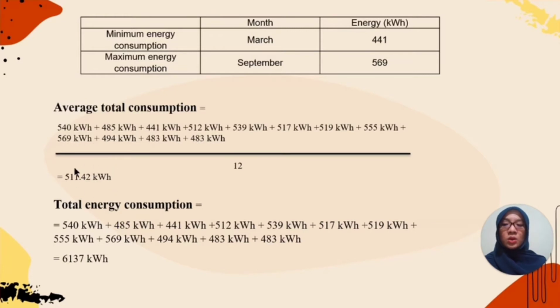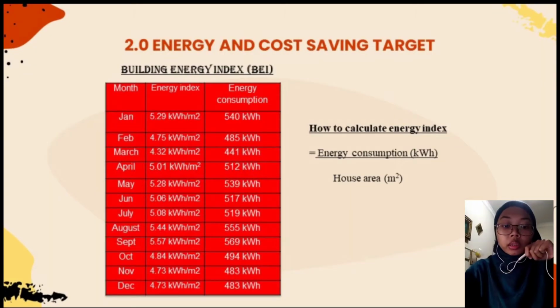Here we get the average total consumption, which is 511.42 kWh. For the total energy consumption, we add all to get 6,137 kilowatt hour.